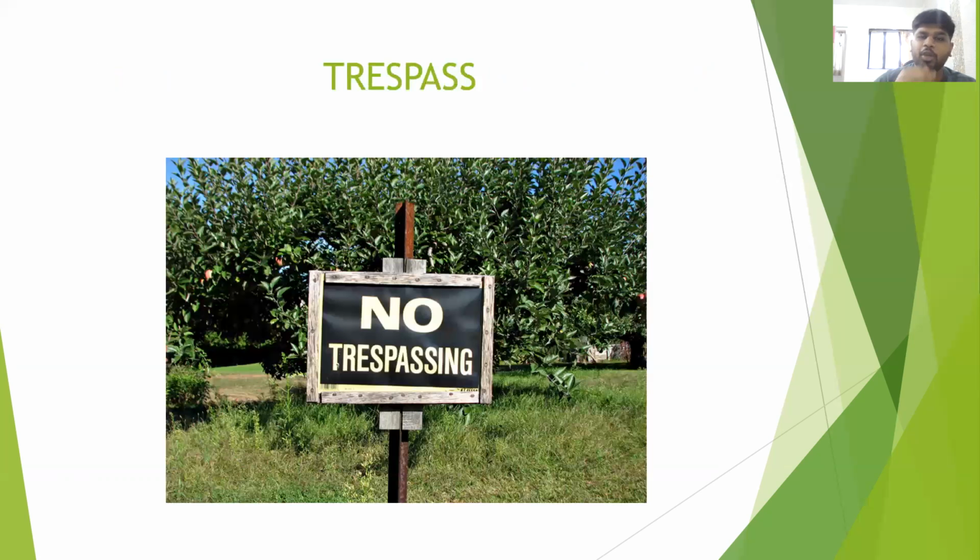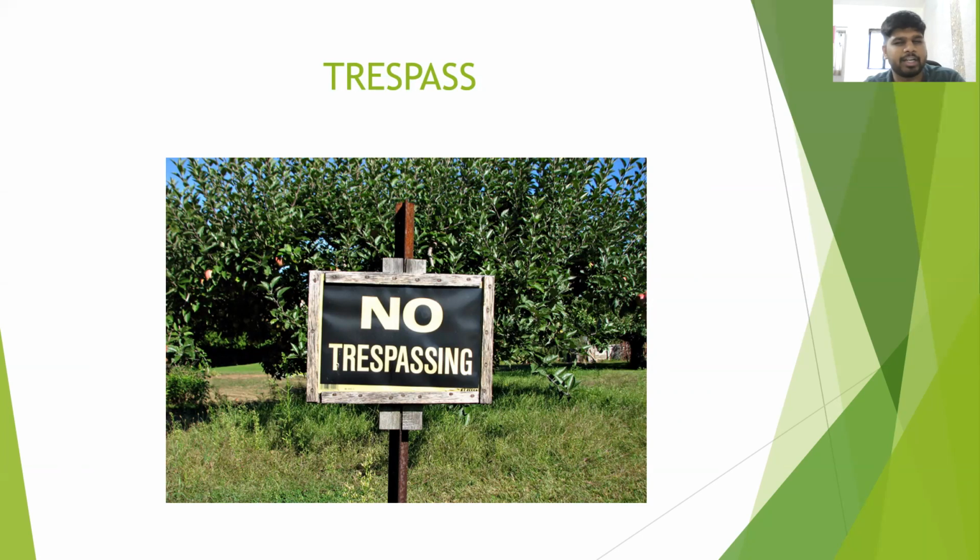So let's take the example of trespass. According to this very imposing sign right here, we understand that there should be no trespassing on this particular property. No one should enter this property without the owner's permission or consent. But what if I do? What if I just say, I'm a bad person, so let's go enter this property and see what happens.